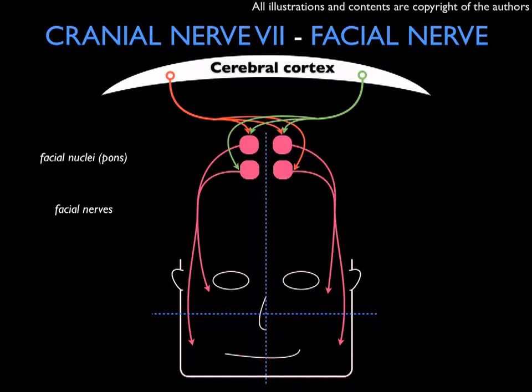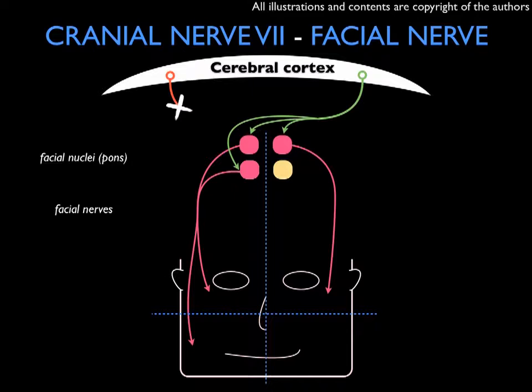Let's now see what happens if we have a lesion of the upper motor neuron. So if we have a lesion of the upper motor neuron, we will have a dysfunction of everything that was innervated by this. So we will have a dysfunction of those fibers, of the upper motor neuron fiber, and we will have a lack of innervation only of the contralateral inferior quarter of the face.